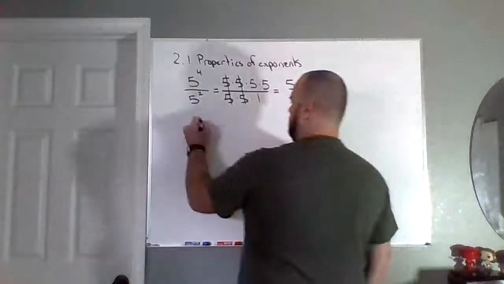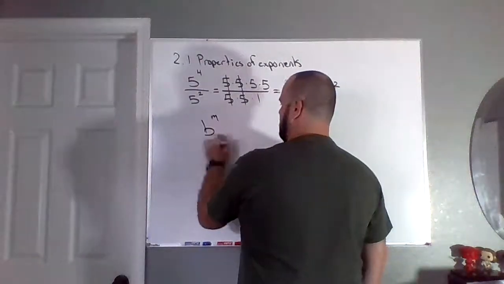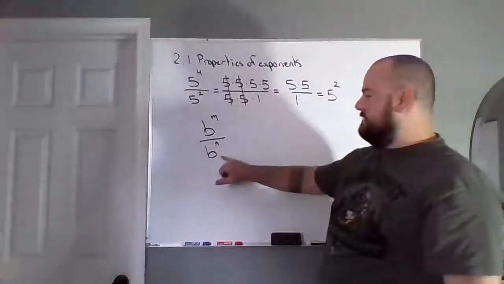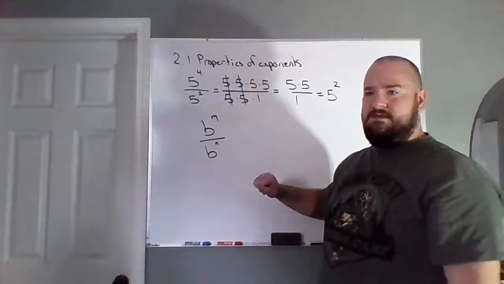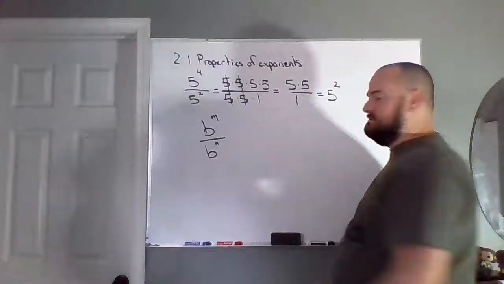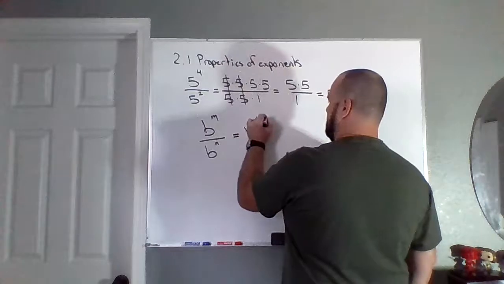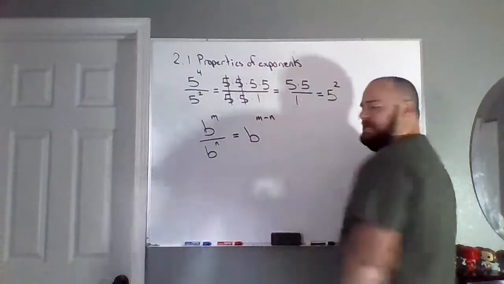And so our rule becomes, if we have b to the m over b to the n. Again, very important that we recognize that these are the same base. Okay? So if we have that same base and they're dividing, b to the m minus n.